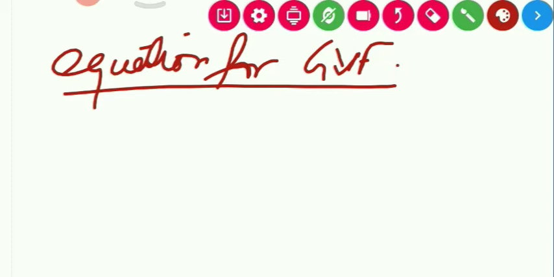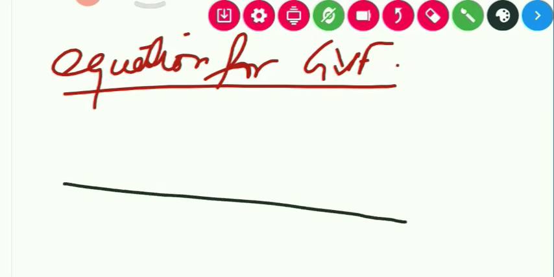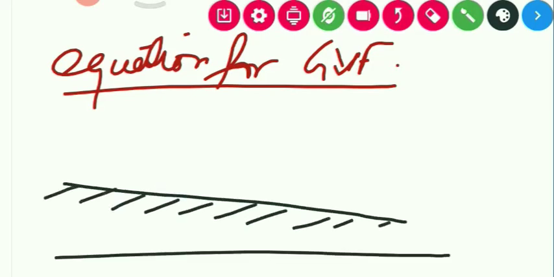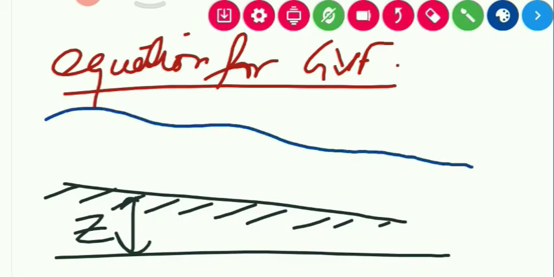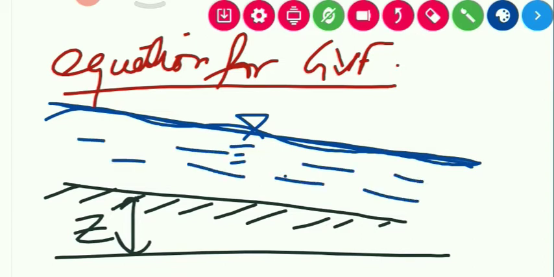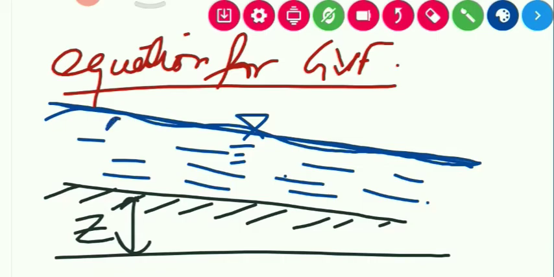Okay, now derivation part. Let's make a diagram over here. If we have a channel bottom over here, this surface is chosen as a datum surface. Okay, the water is flowing over here, or let's assume a parallel surface. So this is the water surface. Then this term will be depth y, this term is z.